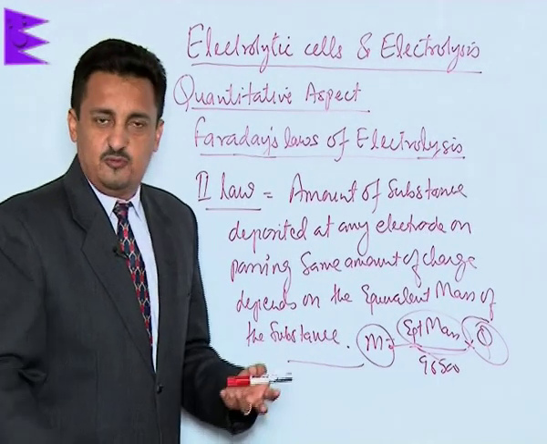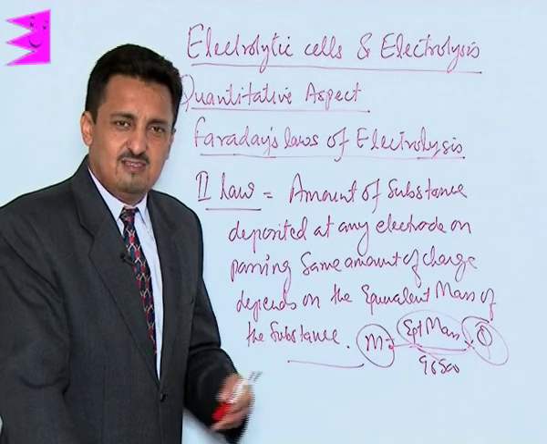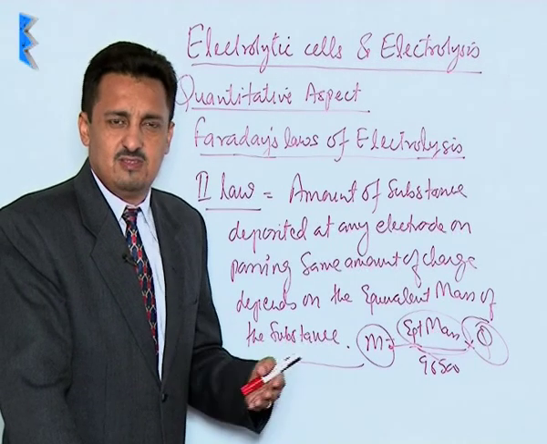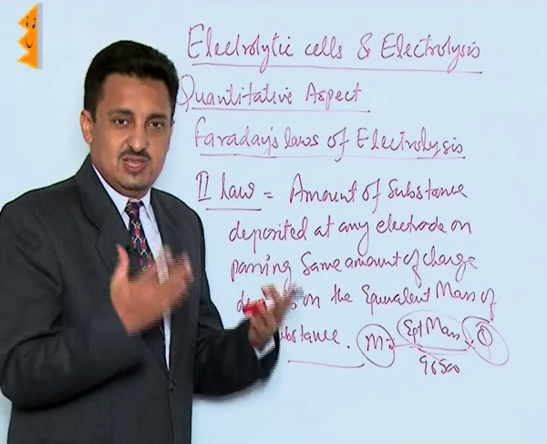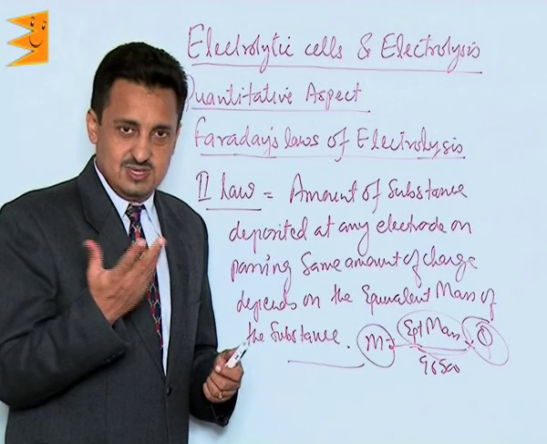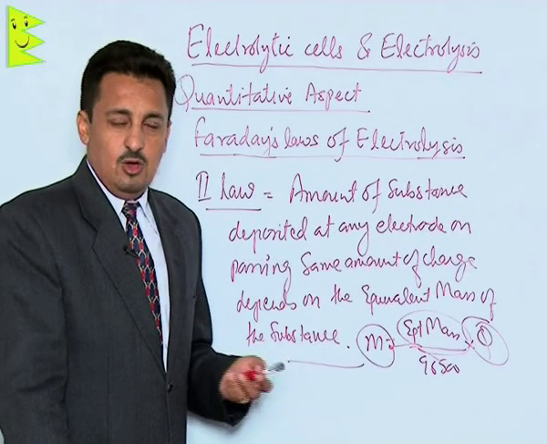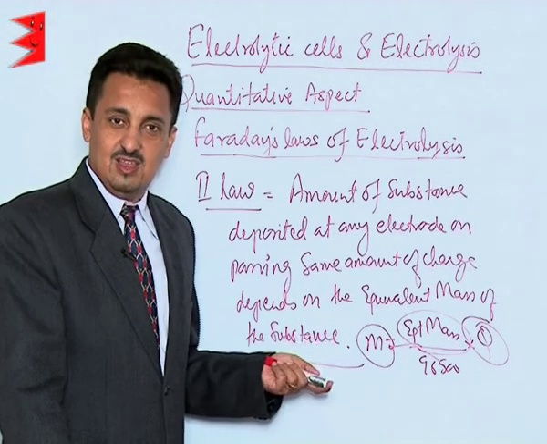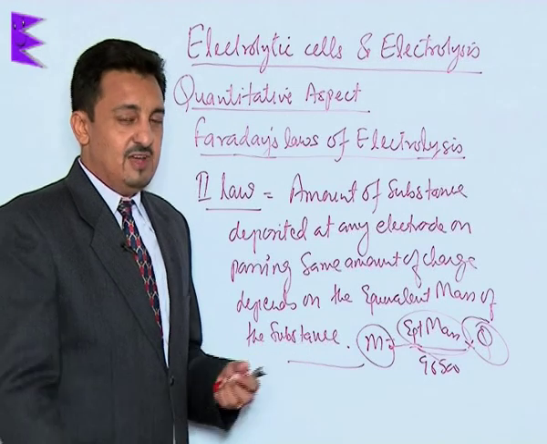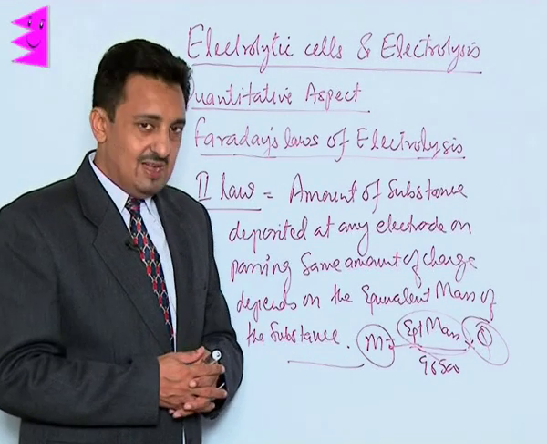It is used to find out the valencies, the atomic masses, and the equivalent masses of different substances, which we used to do in the first chapter in the earlier syllabus. But since equivalent mass and normality are not there anymore, this aspect is only used here in Faraday's law.